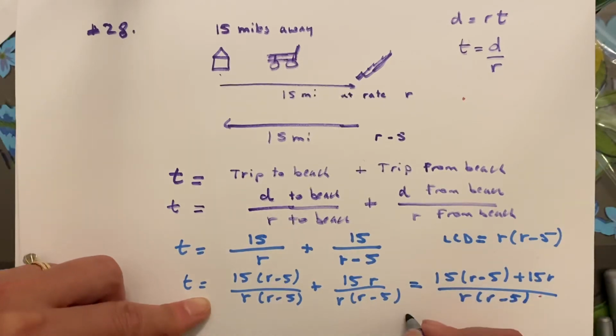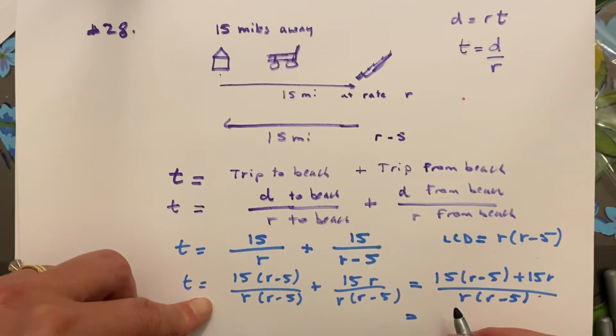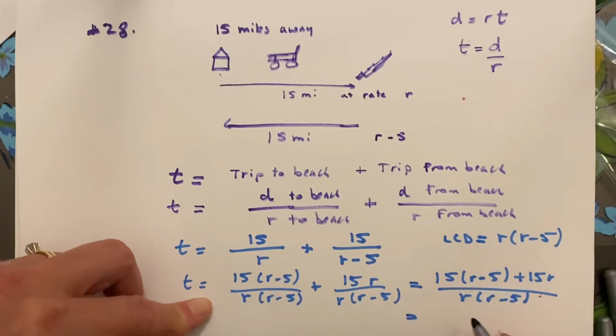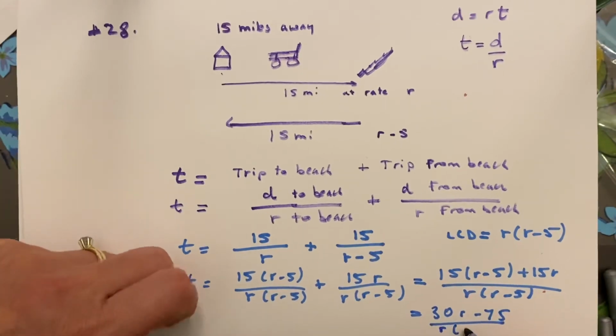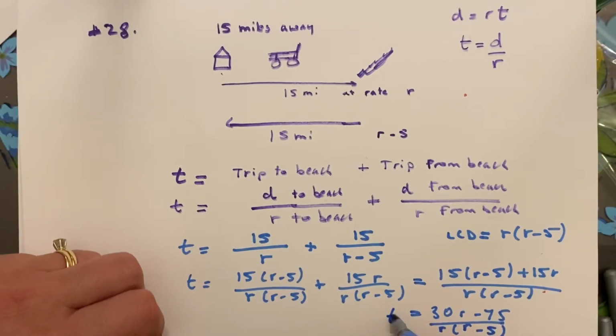I'm going to multiply this out and get 15R minus 75 plus 15R, so I'm going to end up with 30R minus 75 over R times R minus 5. And that is my equation.